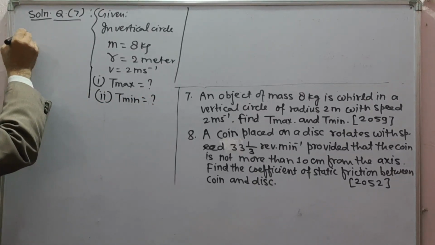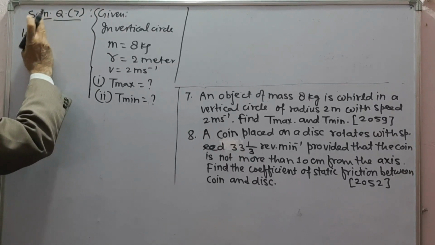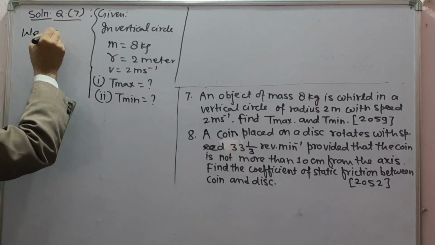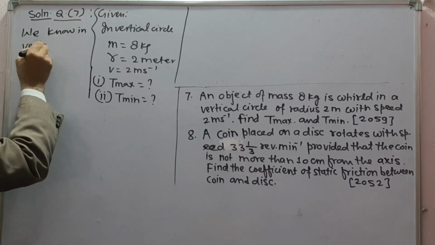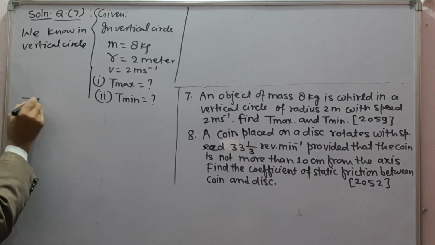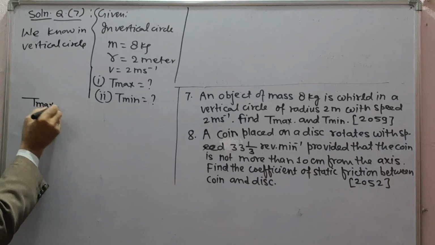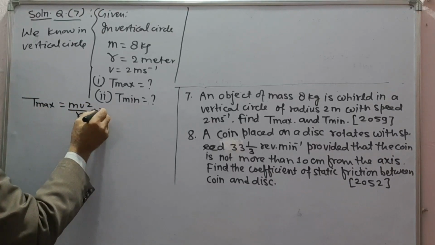Now solution, we know in vertical circle, T max is equal to mv square upon r plus mg.